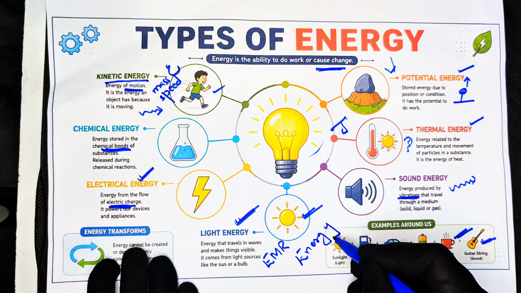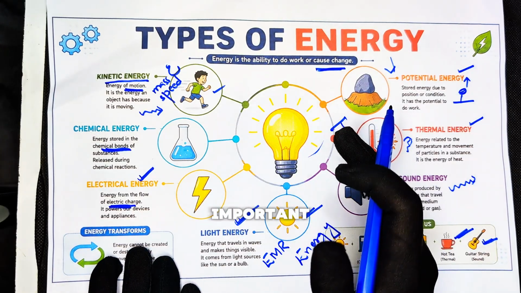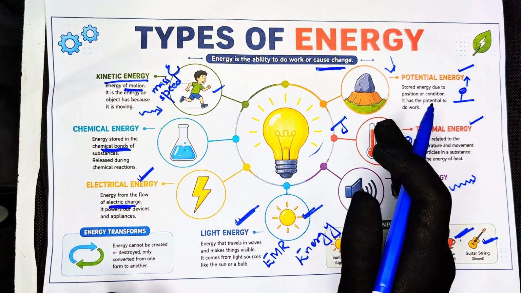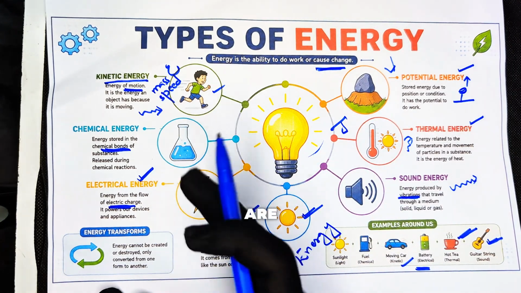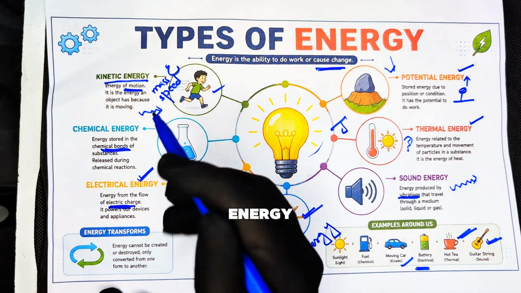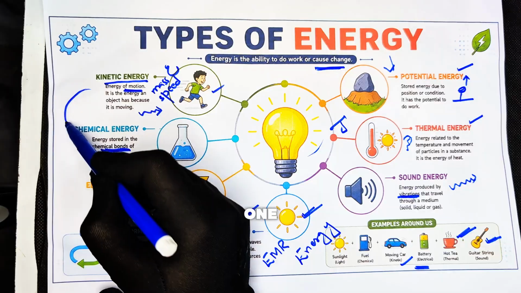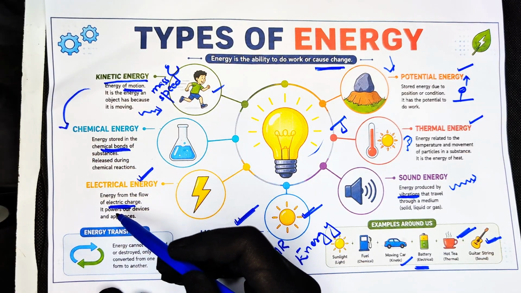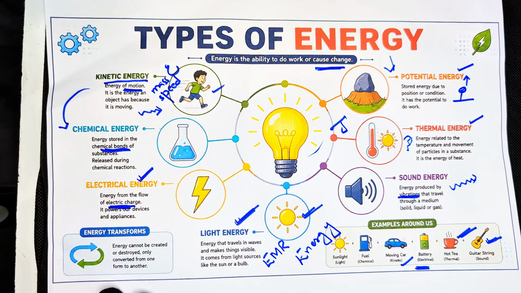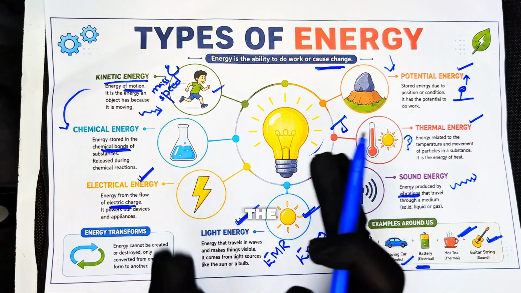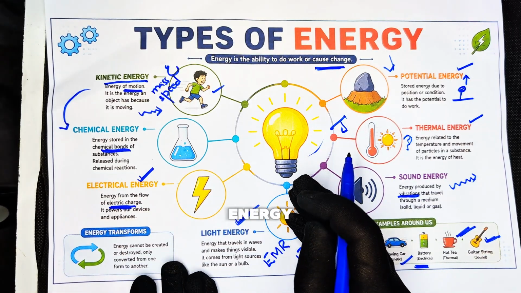Now here is the most important idea in this entire lesson. These forms of energy are not completely separate. Energy can change from one form to another. Take a flashlight. The battery stores chemical energy.